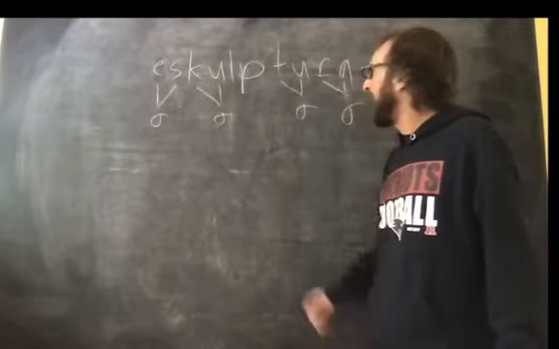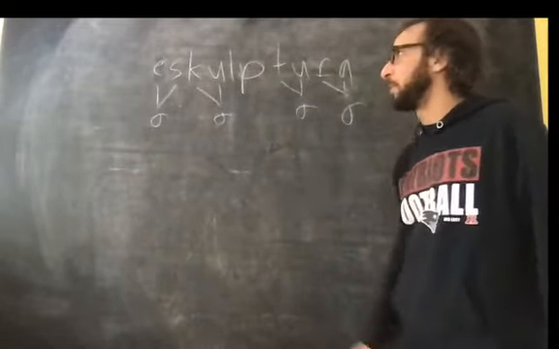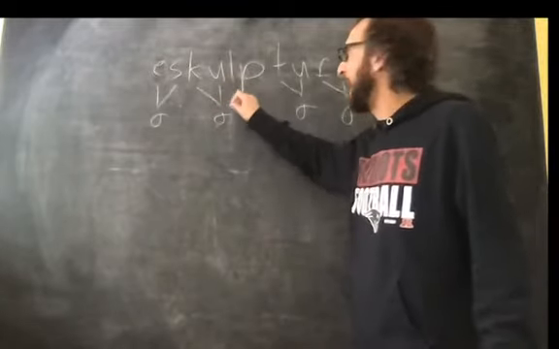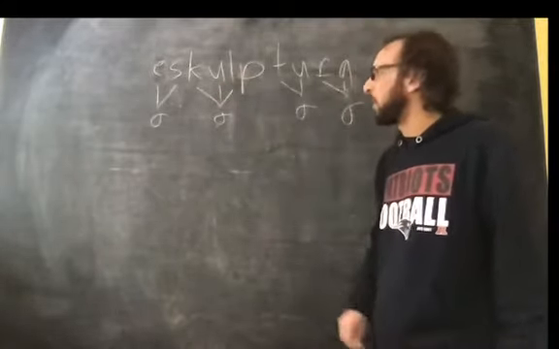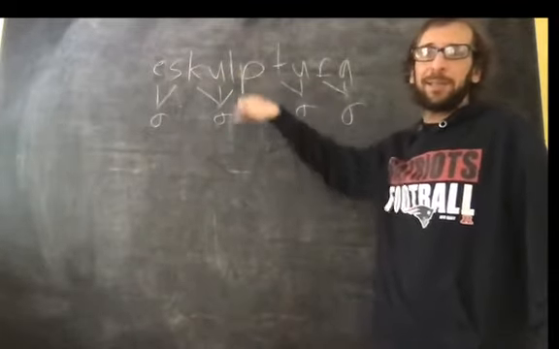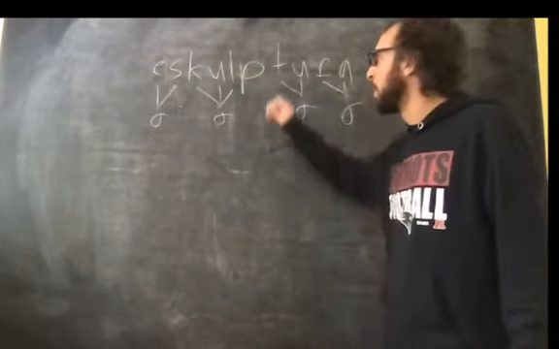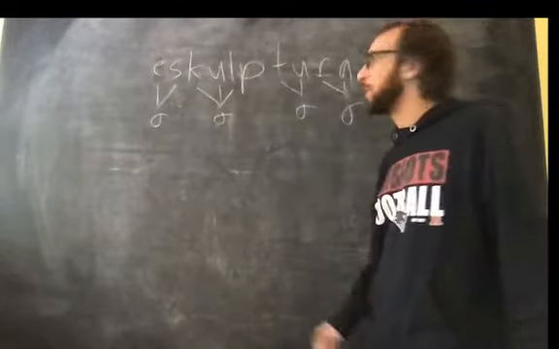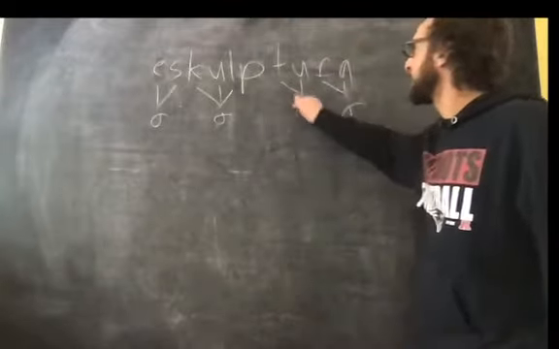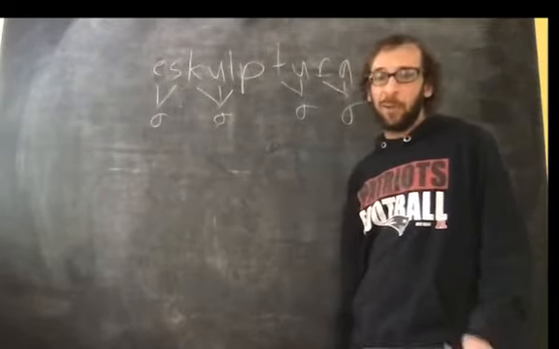You can't get pt sequences in Spanish. You can get l at the end of a word, so that's a possible coda, but you never get lp sequences at the end of a word in Spanish. So this p consonant can't syllabify in the coda of the preceding syllable. It can't syllabify in the onset of the following syllable.